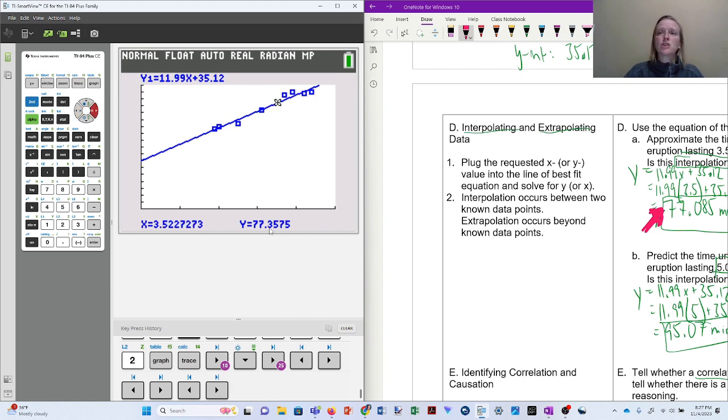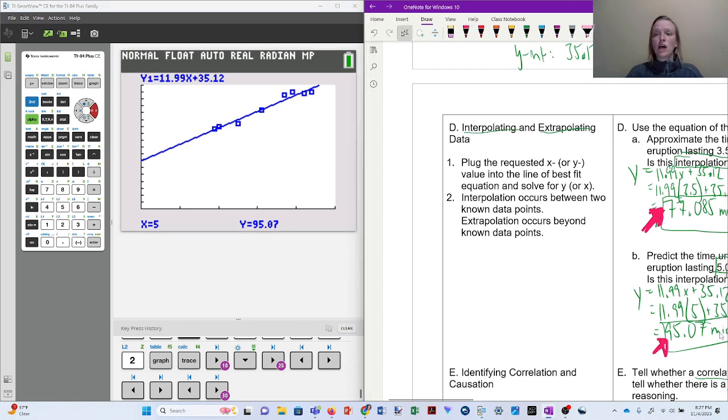And if I scroll up to where the second question that was asked was about the time point 5 minutes right there, I get that my y value at 5 minutes is exactly 95.07. So I can look up those pieces of information using the trace feature on my graphing calculator.